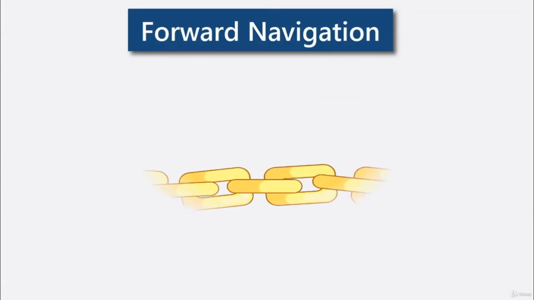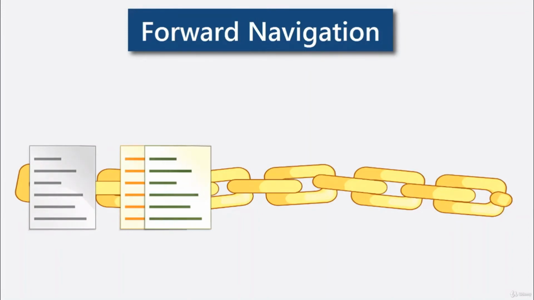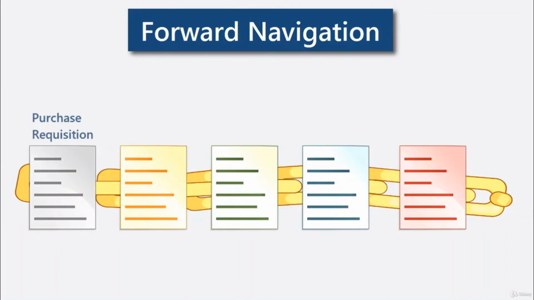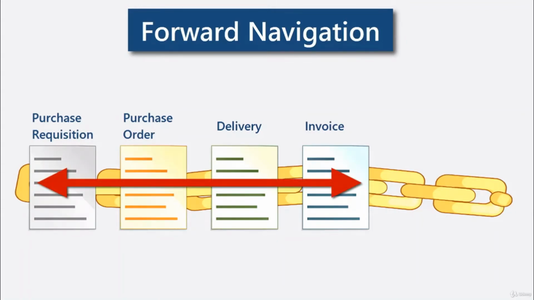This way, whole chains of documents are produced, with each document taking the data from the previous one, such as purchase requisition, purchase order, delivery, invoice. Within a document, you can navigate directly into a subsequent document. This is called forward navigation.